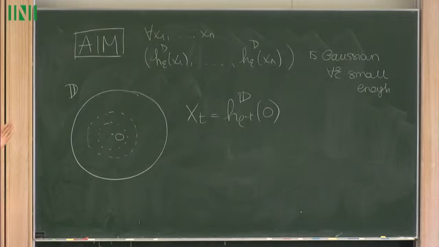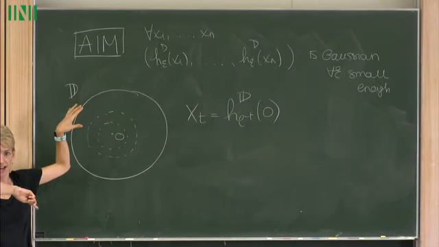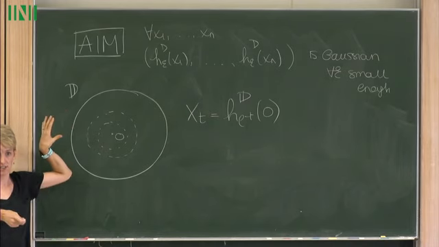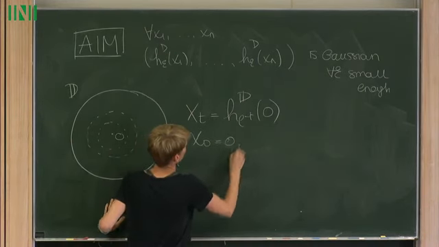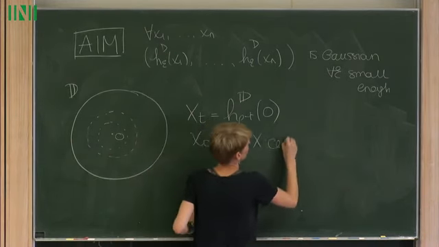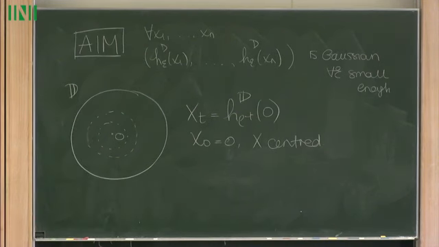Firstly, at time 0, e to the 0 is 1, so we start off by taking the average around the boundary, and because we've assumed 0 boundary conditions, this is 0. So x_0 is equal to 0, and we also know, because of our assumption, that x is a centered process. But now the nice thing comes.